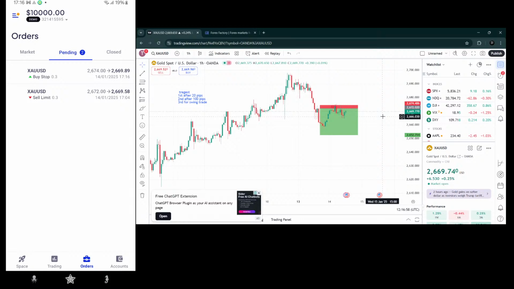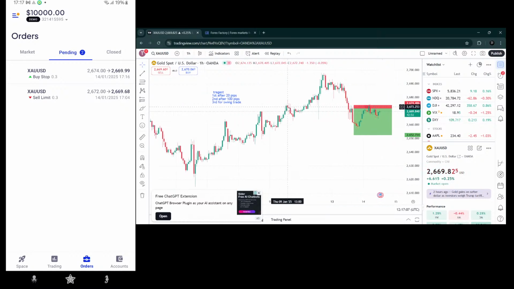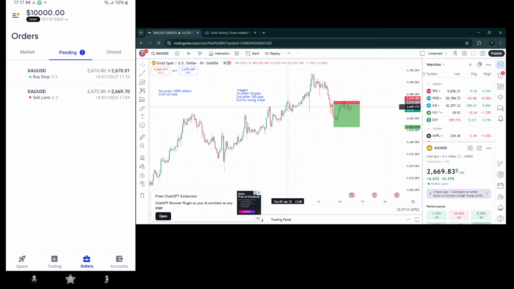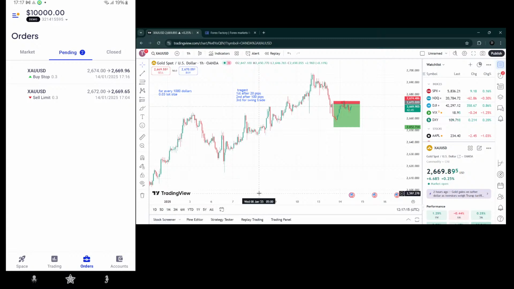So today, there's no proper clear picture because right now market is moving in the middle.